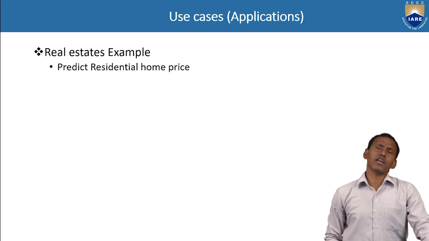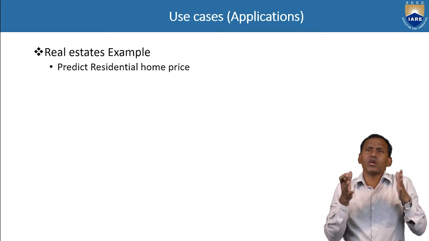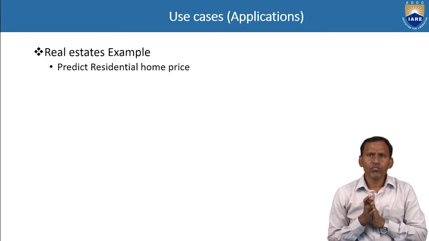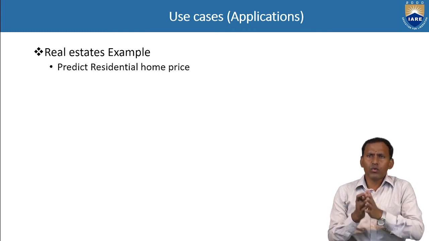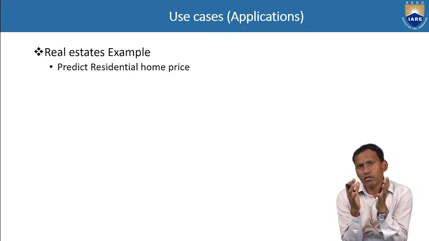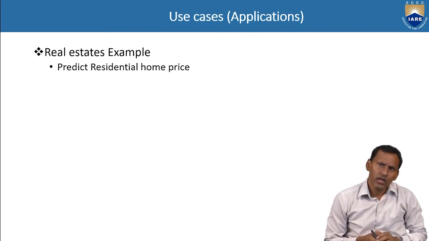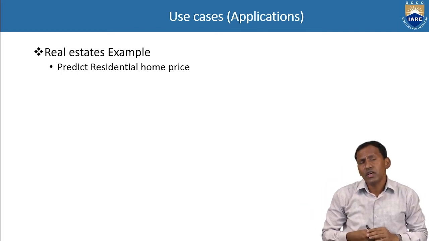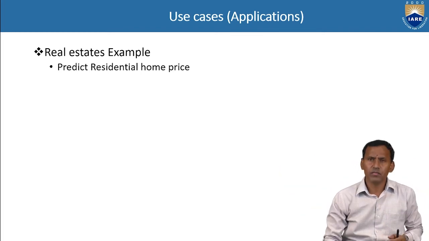Now coming to the use cases. There are many applications by using linear regression. First I will tell you a real estate example. Real estate, which predicts residential home prices. Once you predict residential home prices, the home price depends on many inputs.